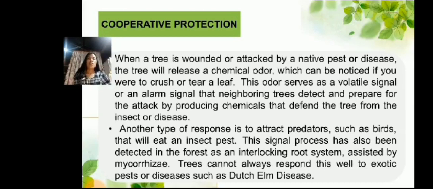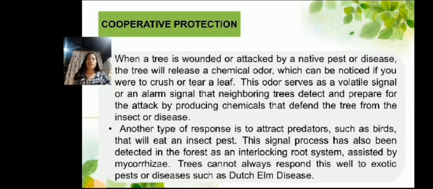When a tree is wounded or attacked by a native pest or disease, the tree will release a chemical odor, which can be noticed if you were to crush or tear a leaf. This odor serves as a volatile signal or an alarm signal that neighboring trees detect and prepare for the attack by producing chemicals that defend the tree from the insect or disease.